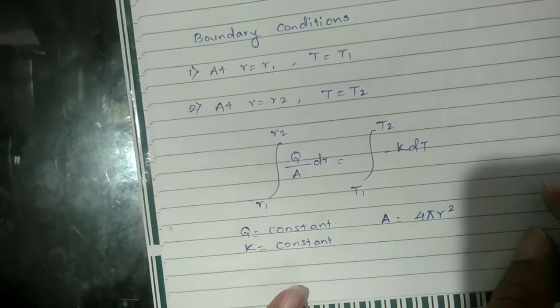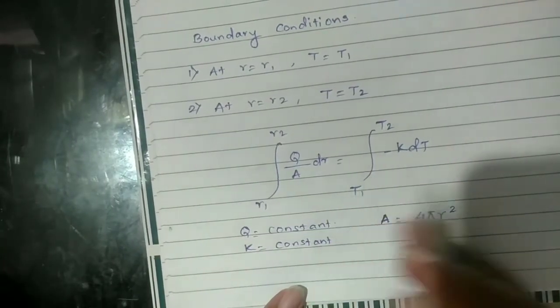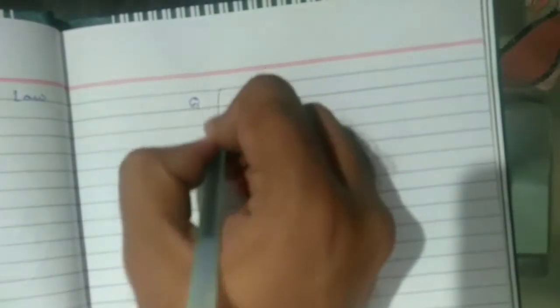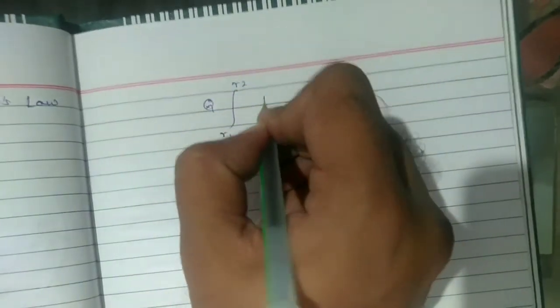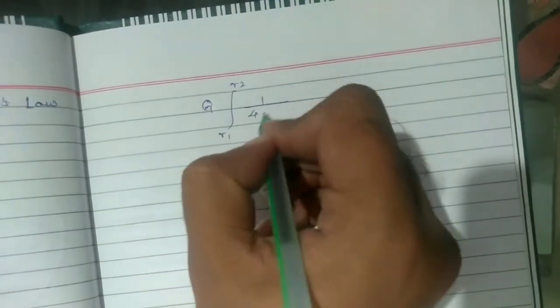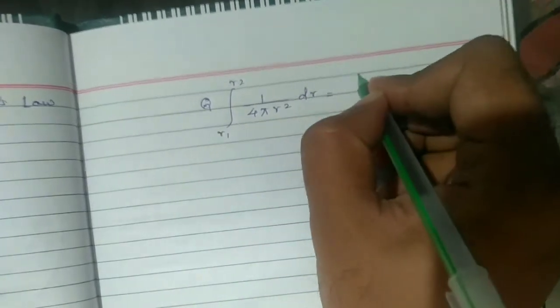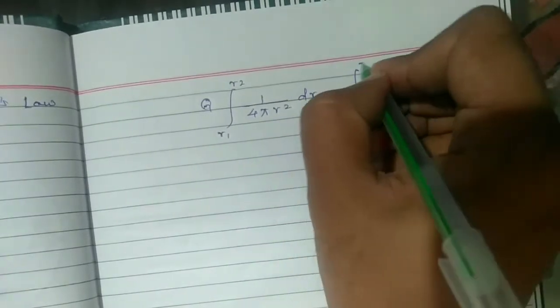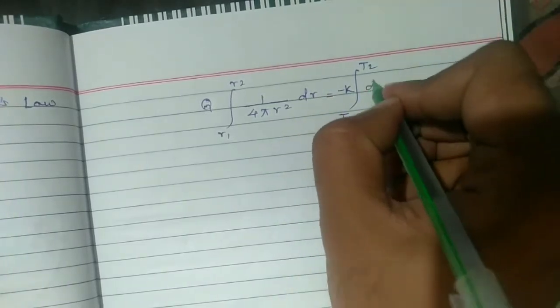Now let us put in the area value, and taking the constants outside the integration, we have Q integration from r1 to r2 of 1 upon 4 pi r square dr equal to integration from T1 to T2 of minus K outside, integration dT.